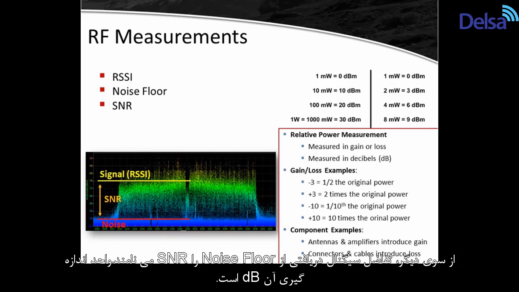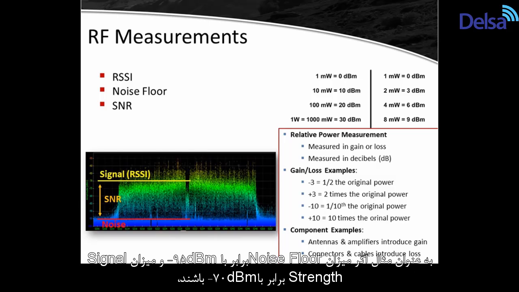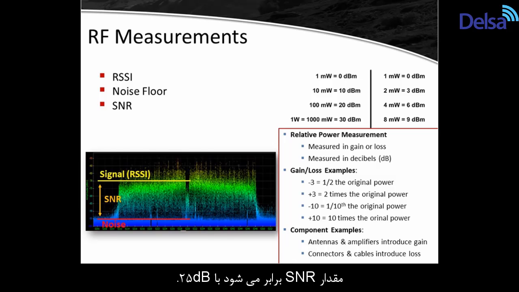The difference between the received signal strength and the noise floor is what we call SNR, and we represent it in decibels, dB. So if the noise floor, for example, is -95 dBm, and the signal strength is -70 dBm, then that means your SNR is 25 dB, not dBm. It's 25 dB.